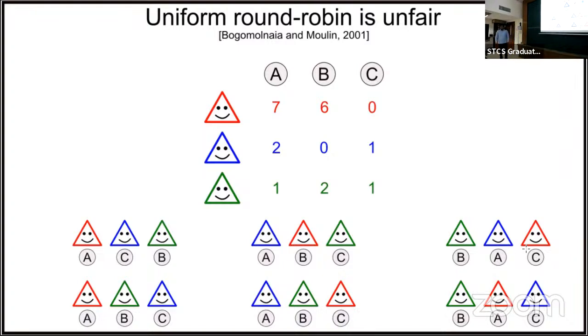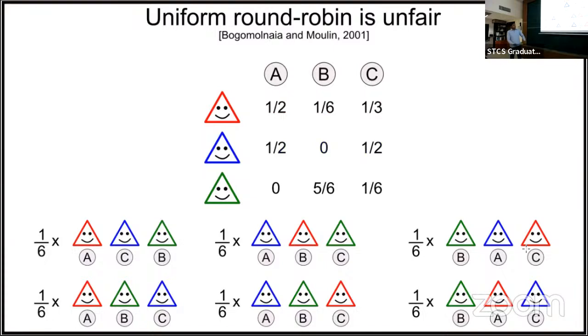All right. So now imagine that you consider a uniform distribution over these 3 factorial allocations. And what that gives us are these probabilities. What I've written here is the probability with which each agent gets an item across this distribution.